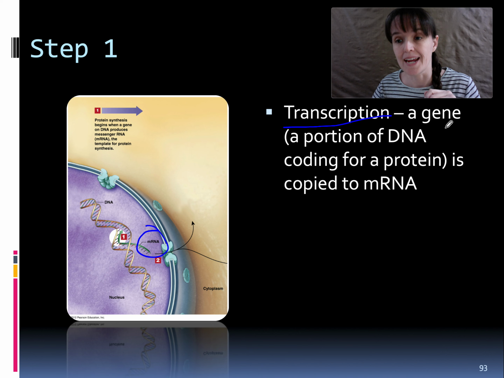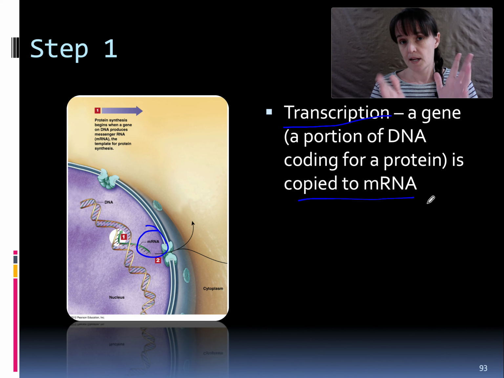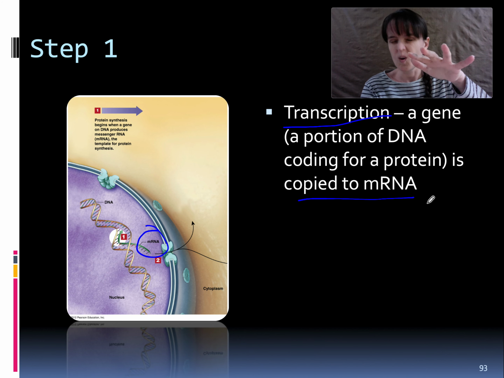So it's where a gene's worth of DNA is copied to mRNA. To me, this is like your grandma's recipe book. Say your grandma has a recipe book with every recipe she's ever made. All your favorites are in here. The bread, the Mississippi mud, the oyster casserole.